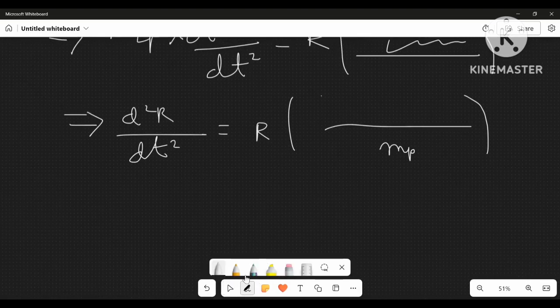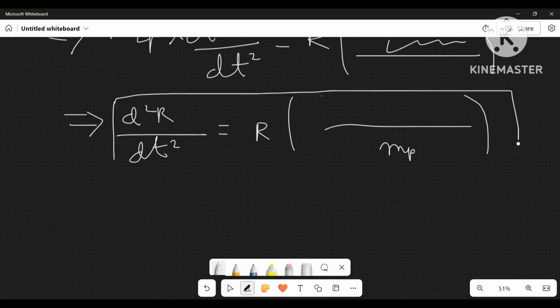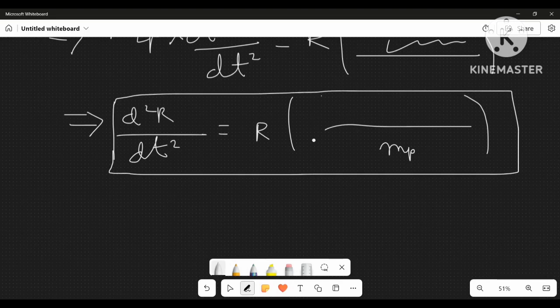So now see, this is a differential equation. We need to solve this differential equation to proceed further.